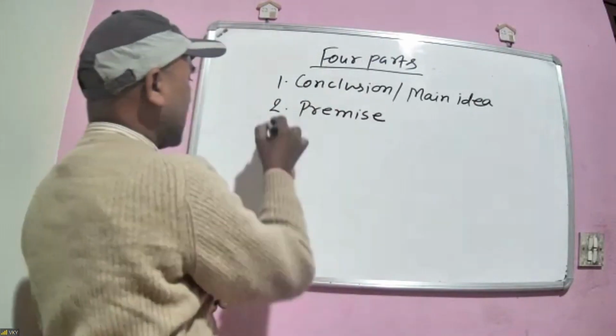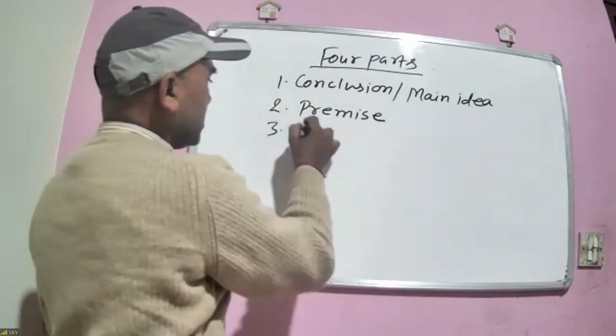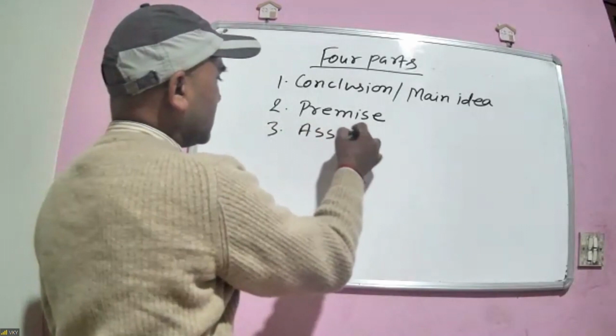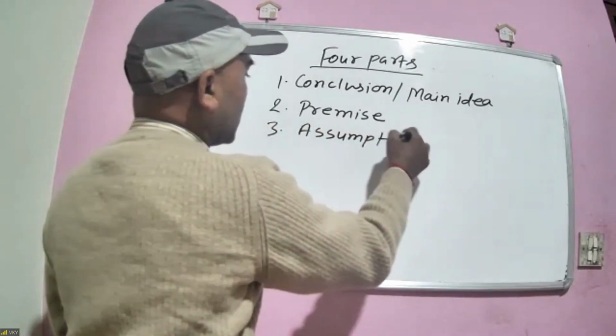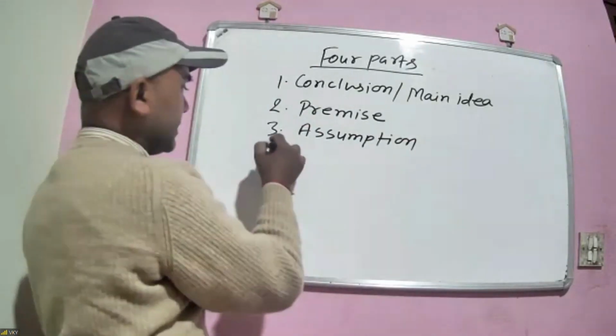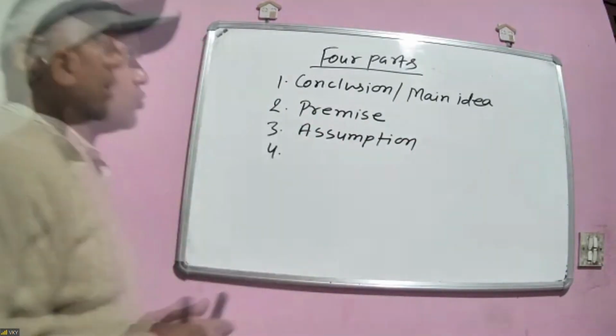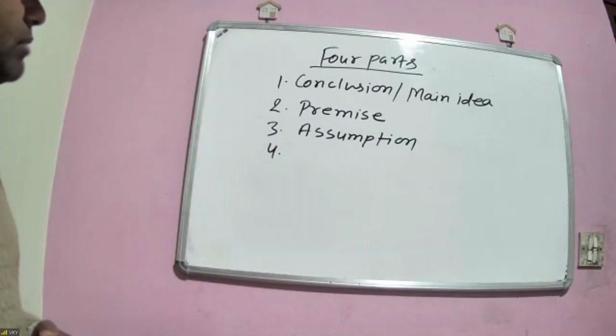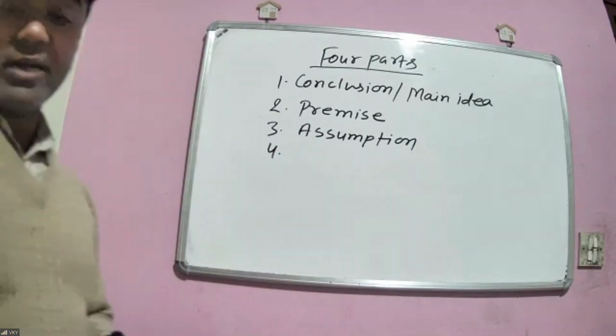Third part is assumption. First one conclusion, second one premise, and third one assumption.